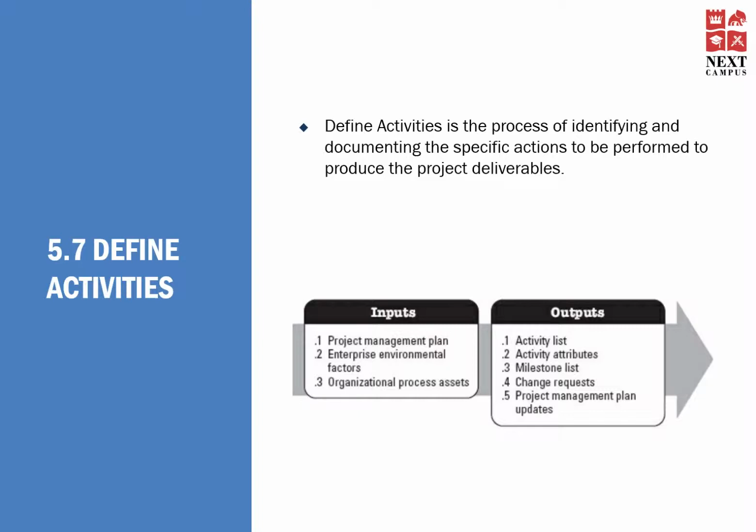You're going to look at your project management plan in creating the activities, as well as enterprise environmental factors and the organizational process assets. There are a lot of outputs from this particular process, namely the activity list. So you will have a list of activities to be carried out in order to achieve the project objectives.